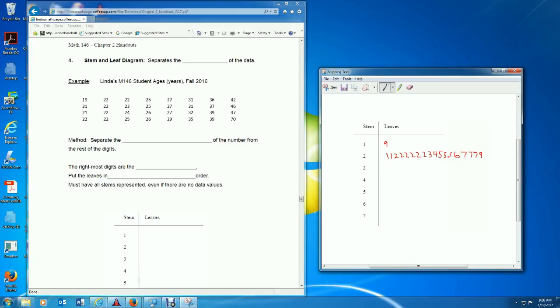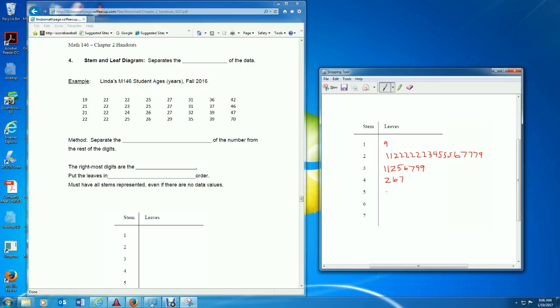All right, we have 31, 31, 32, 35, 36, 37, 39, 39, 42, 46, 47.